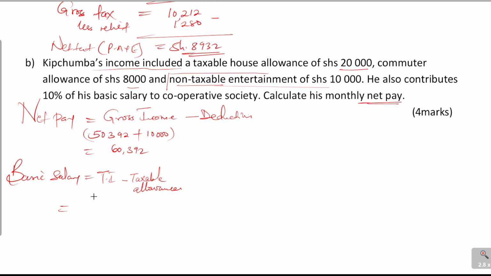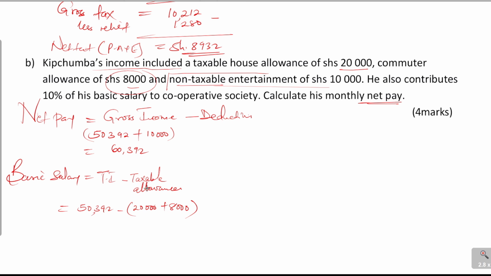We have the taxable income as 50,392. Then we less the taxable allowances. One was house allowance of 20,000. And then there is another one here, 8,000.